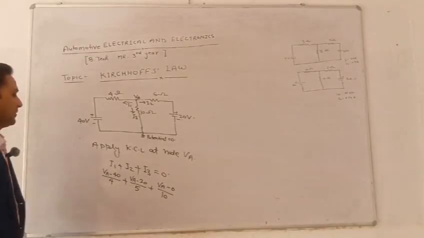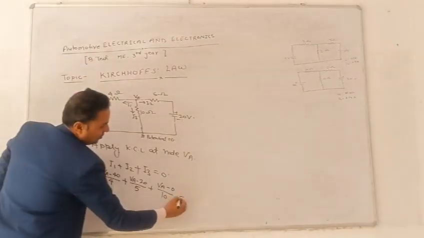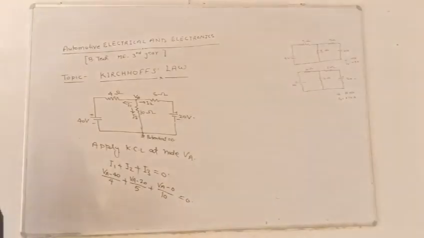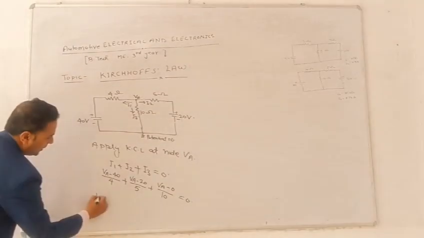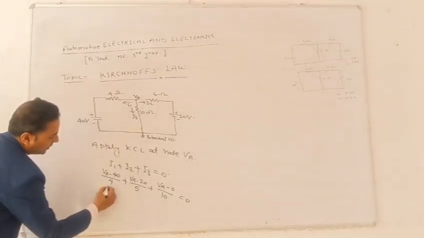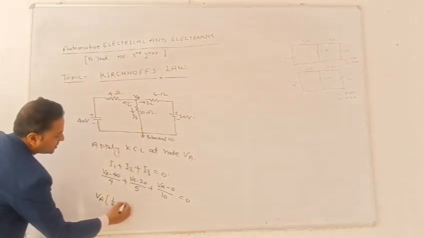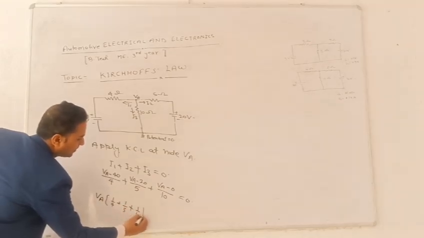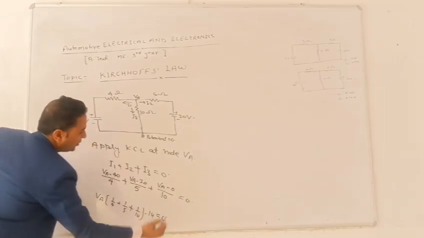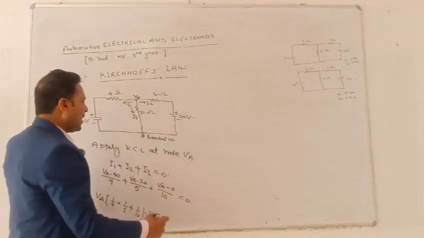This nodal analysis is equal to 0. Here we calculate the value of VA. Taking common, VA times 1 upon 4 plus 1 upon 5 plus 1 upon 10, minus 14, is equal to 0.